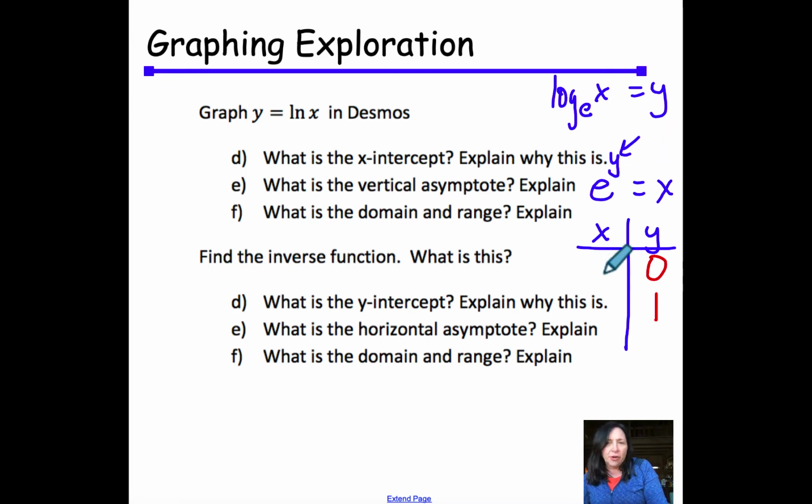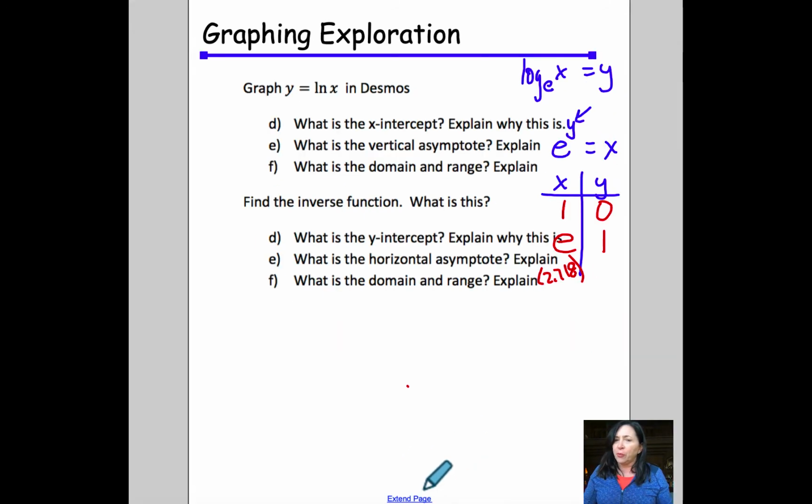So e to the 0 power, anything to the 0 power is 1. But then e to the first power is e, right? And e is actually 2.718. So 2.718, comma 1. And if I were to plot these 2 points here, I would have 1, 0, and then I would have 2.718, 1.